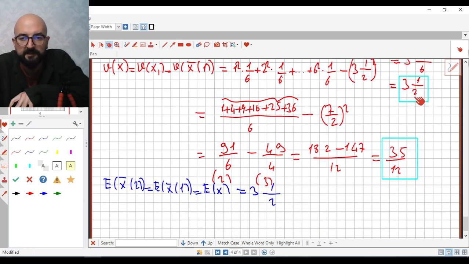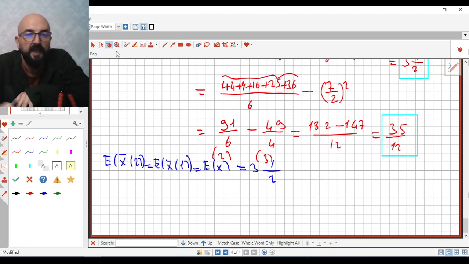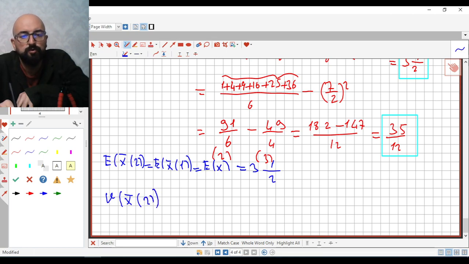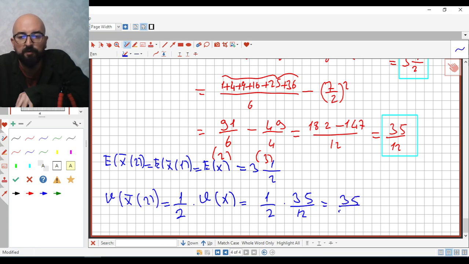We could find 3.5. For variance, we can't say it is the same as expectation, but we can say the variance of the sample mean of size 2 means 1 over 2 multiplied by the variance of x, means 1 over 2 multiplied by 35 over 12, it means 35 over 24.